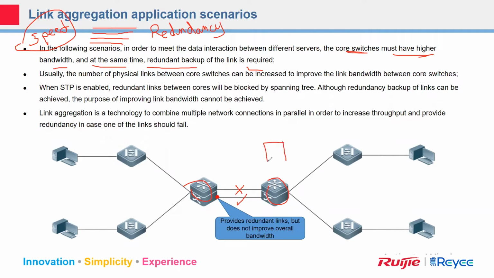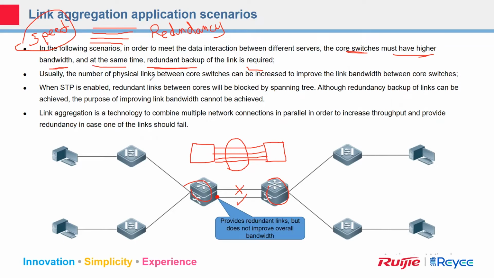Maybe it's not just two cables connected to that core switch, maybe more than two, maybe 4 cables connected between those two switches. So what is the purpose of aggregating those ports? The purpose is higher bandwidth and redundant backup.